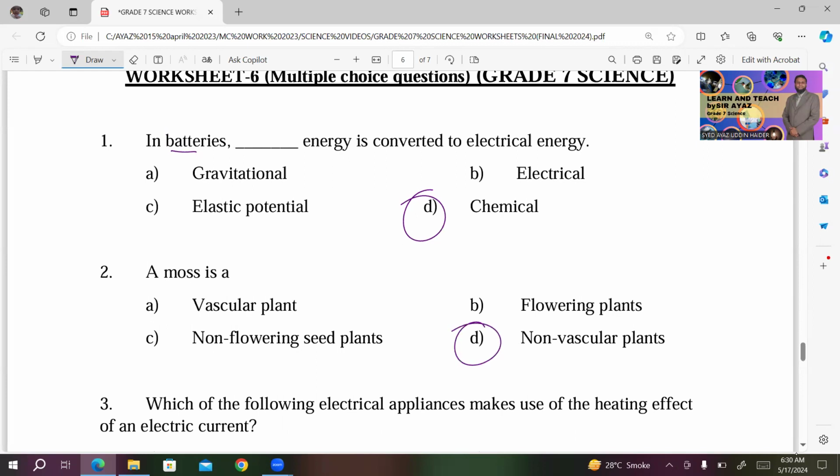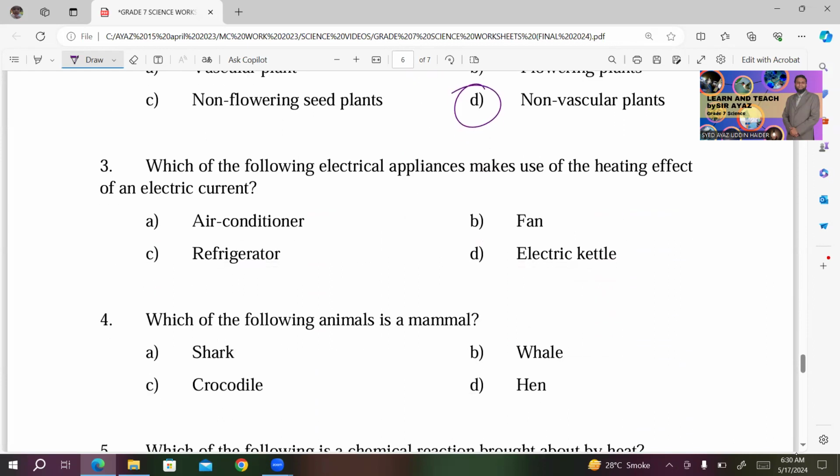Number 3, which of the following electrical appliances make use of the heating effect of an electric current? Air conditioner, fan, refrigerator, electric kettle.